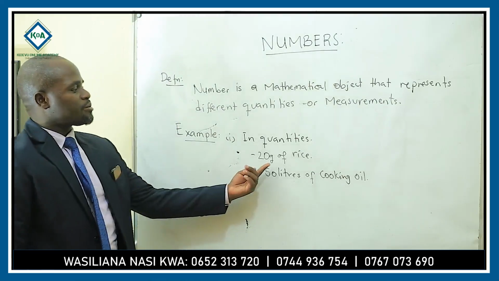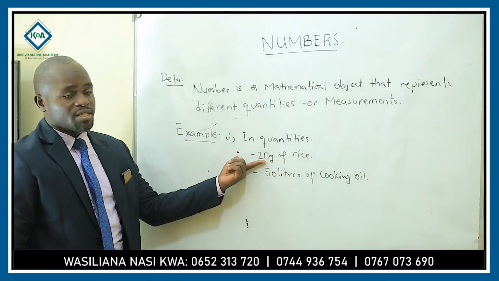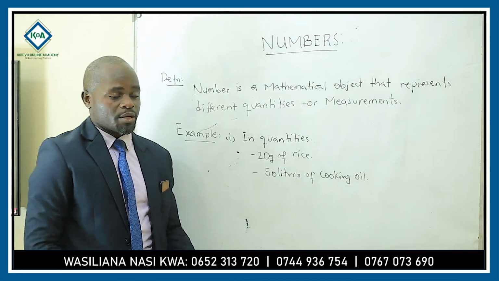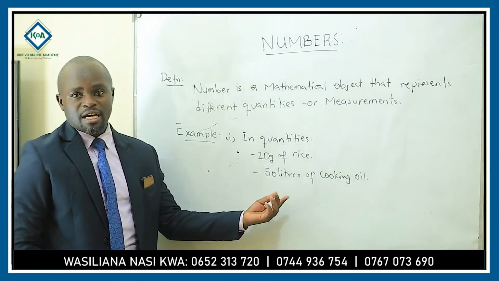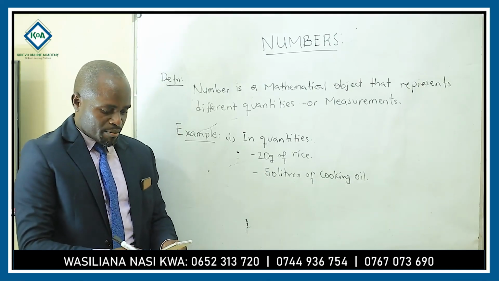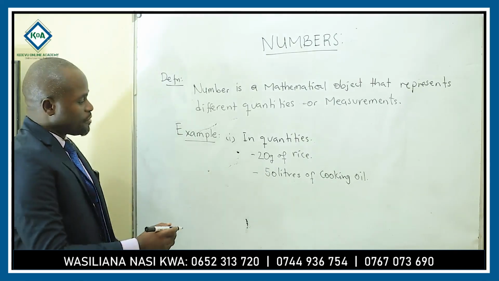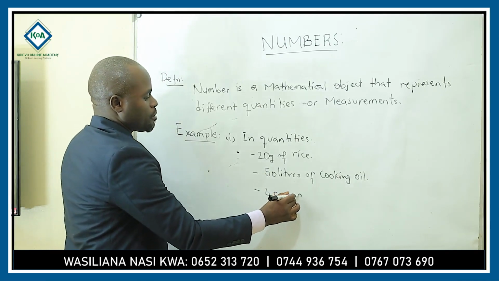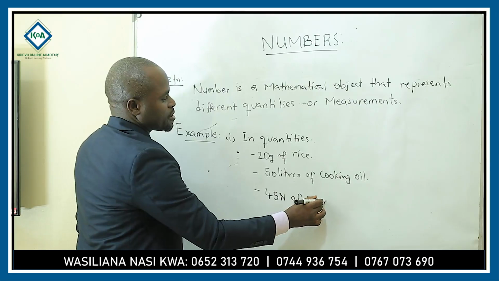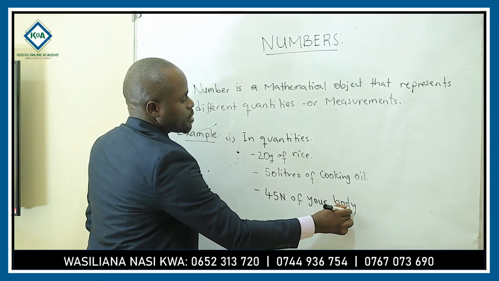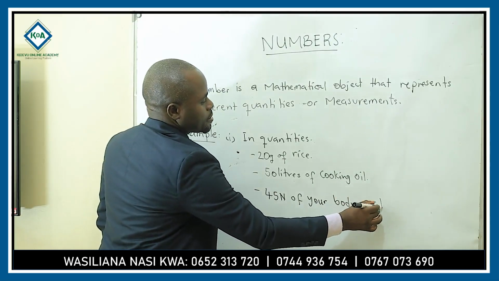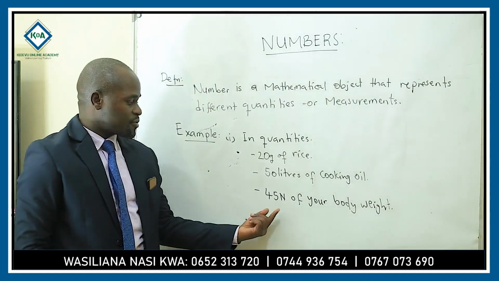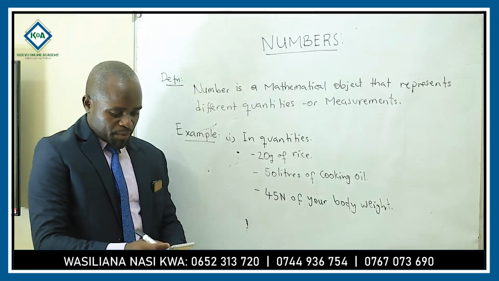In 20 grams of rice, this 20 is a number. In 50 liters of cooking oil, this 50 is a number. Or 45 newtons of your body weight. Yes, maybe someone has a weight of 45 newtons. Now this 45 is called a number.